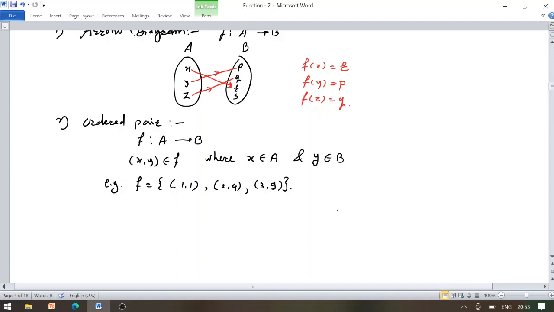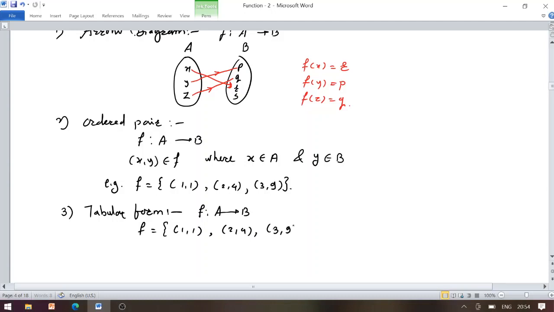Now the third type of representation of a function is the tabular form. Suppose we have a function f from set A to B; it can be exhibited by means of a table of corresponding elements. Suppose we have the same square function with ordered pairs (1, 1), (2, 4) and (3, 9).